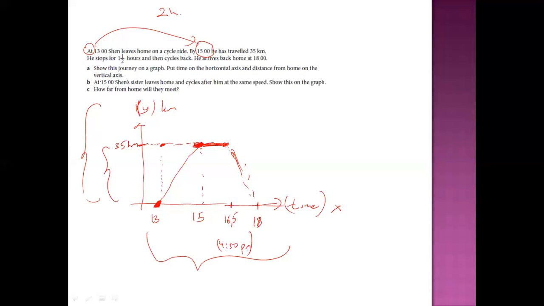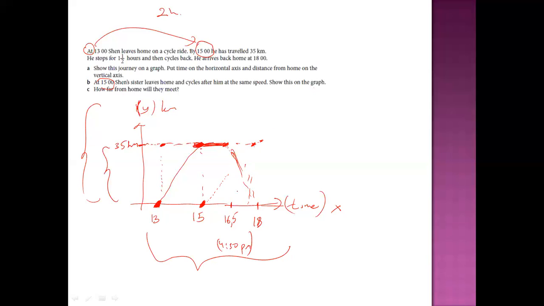She leaves home at 15 o'clock in the afternoon, p.m. So his sister now leaves home at the same speed, to the target, approximately here, and because it takes 2 hours, plus 2 is 17, approximately here.